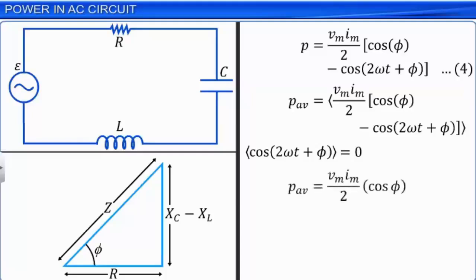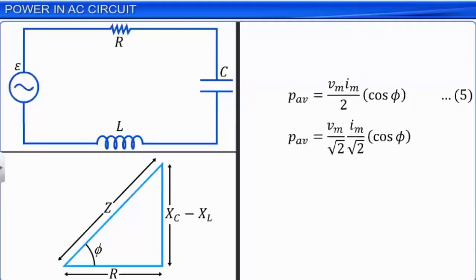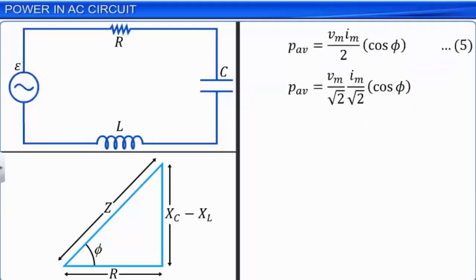The same expression can be written as Vm by root 2 into Im by root 2 into cos phi. We know that RMS values of the AC voltage and the current are given as Vrms is equal to Vm by root 2 and Irms is equal to Im by root 2. Thus, average power dissipated PAV is equal to Vrms Irms cos phi.